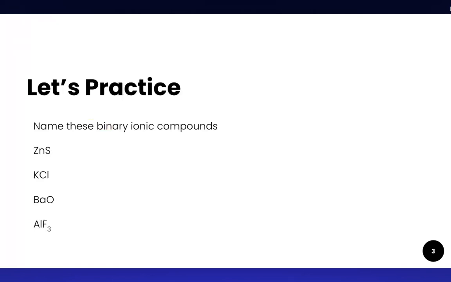So let's practice some. So we have zinc, and the anion is sulfur, so we will just call that sulfide. Okay, next we have potassium. And our anion is chlorine, so the name of this would be potassium chloride.